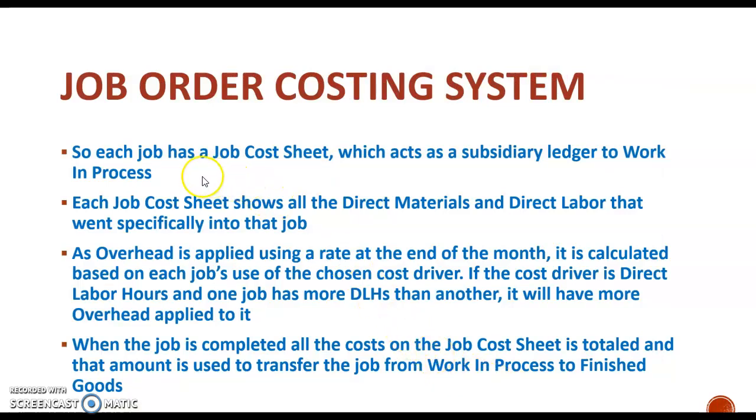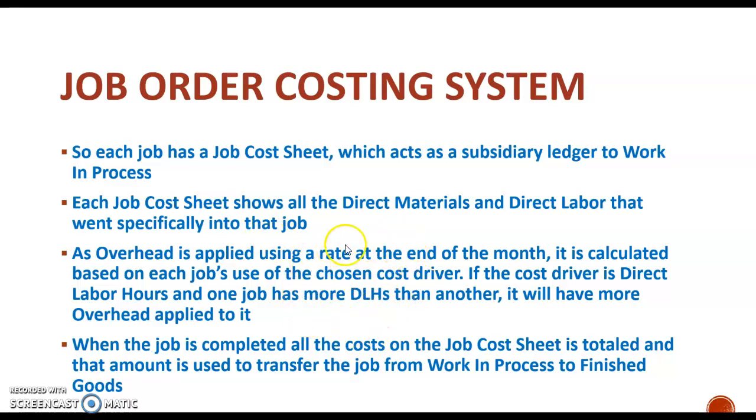So this reminds you that the job cost sheet acts as a subsidiary ledger to work in process. It shows all the direct materials, all the direct labor that specifically went onto that job, plus the amount of overhead that we apply each month.